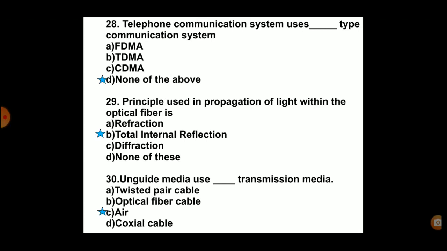Correct answer is total internal reflection. Next question, unguided media use dash dash transmission media. Twisted pair cable, optic fiber cable, air, coaxial. Correct answer is air.